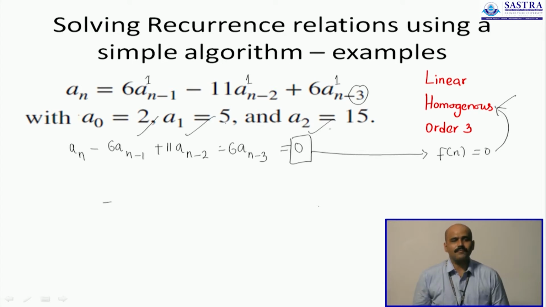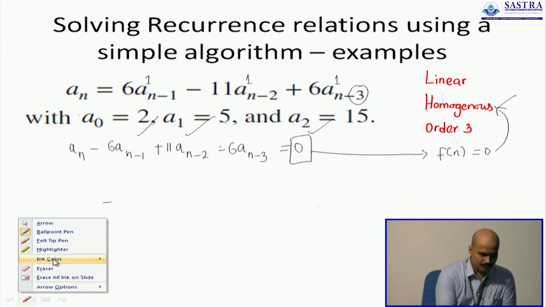And yesterday we learnt a simple algorithm based on quadratic equations which can be used to solve a recurrence relation. How do we do that? You first convert the recurrence relation into an algebraic equation, and that is easy if you have already identified its order. Now, here we have identified the order to be 3.